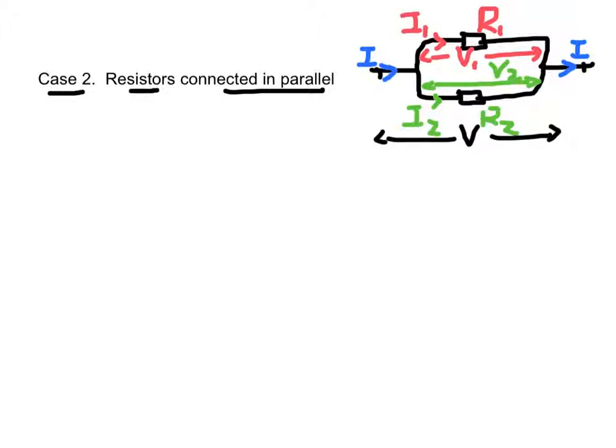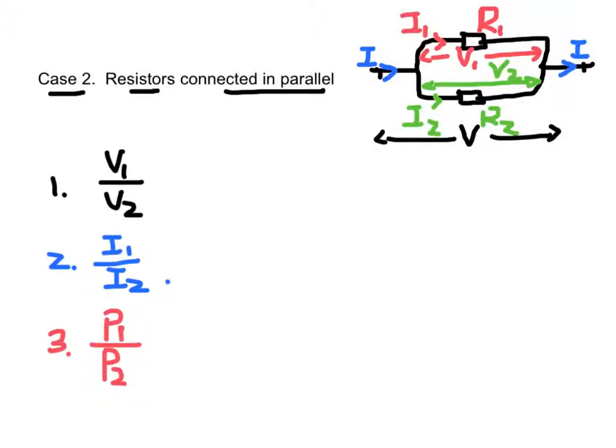The main current is I, and the voltage across the resistors is V. First, for the ratio of their voltage, V1 over V2 equals V over V. Because they are connected in parallel, they have the same voltage V, so the ratio is equal to 1.